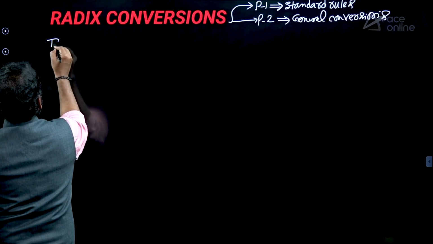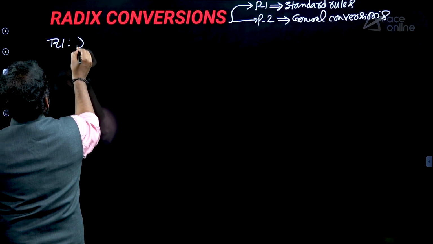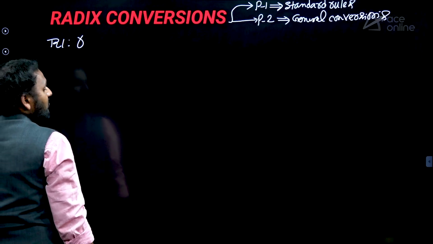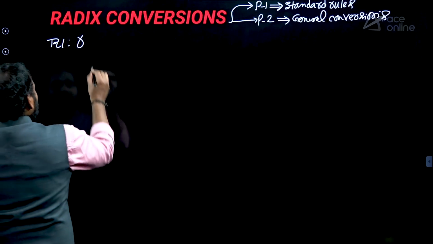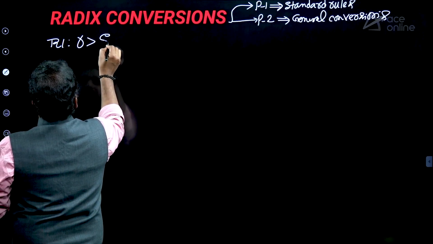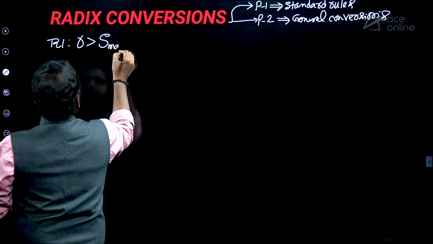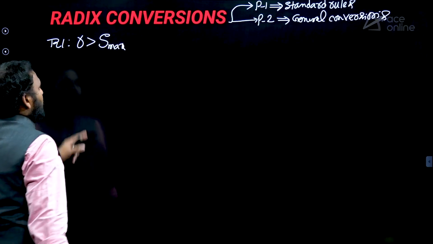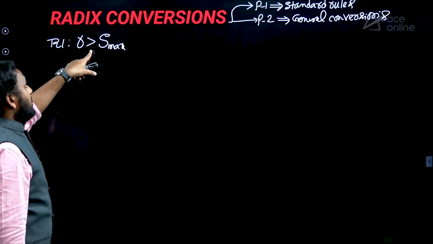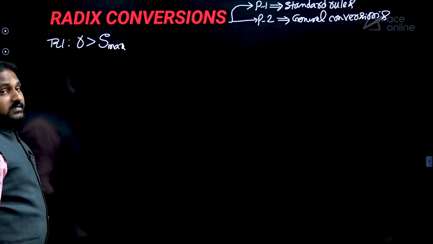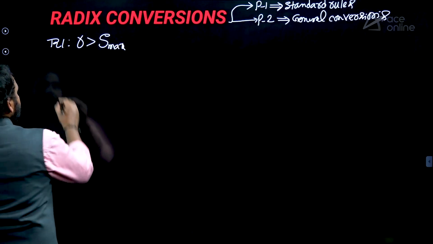Rule number 1. Radix value should always be greater than the symbol value. The highest symbol value in the system should not be greater than or equal to the radix. That means the radix only should be greater than the symbol. That is rule number 1.